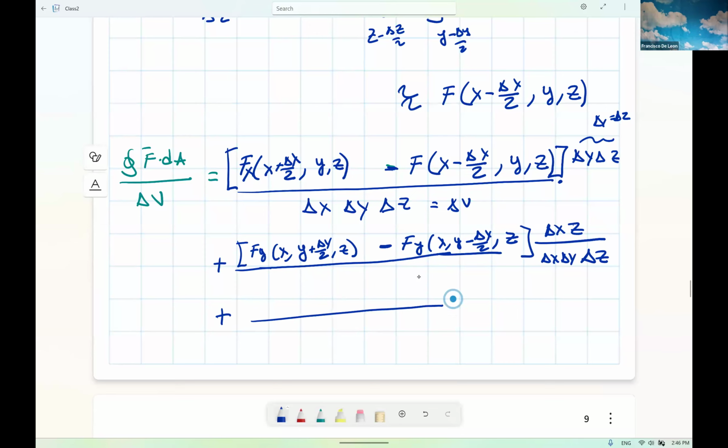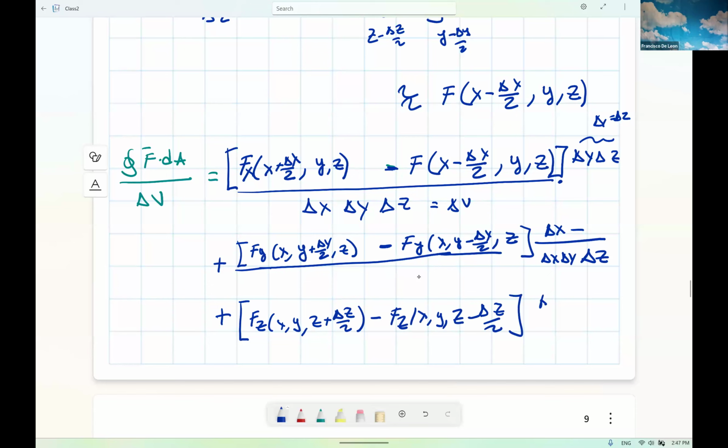Then just for completeness, I will put the other one. We will have f_z of (x, y, z plus delta z by 2) minus f_z of (x, y, z minus delta z by 2), multiplied by delta x delta y, divided by delta x delta y delta z.